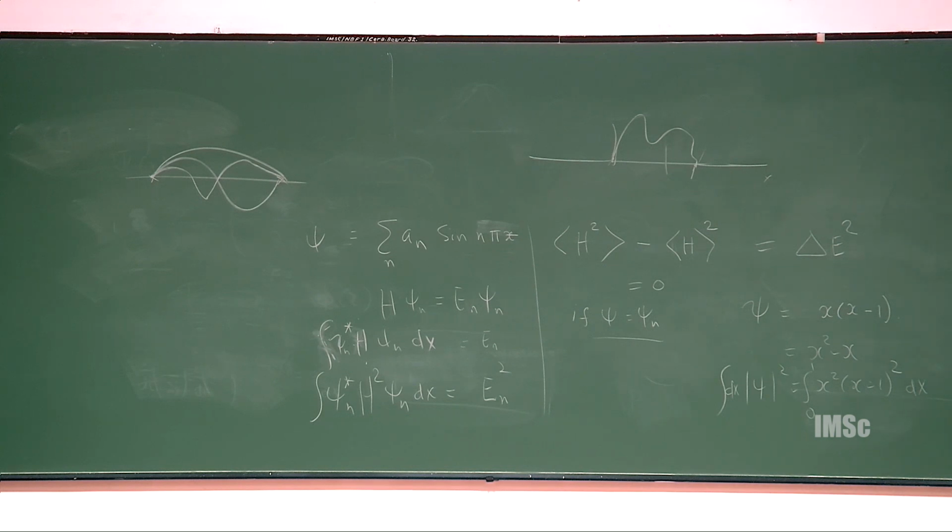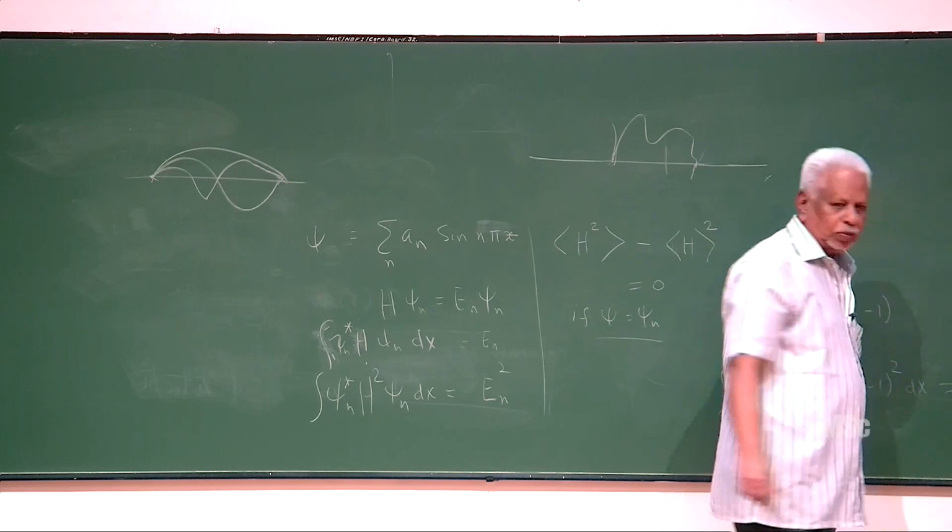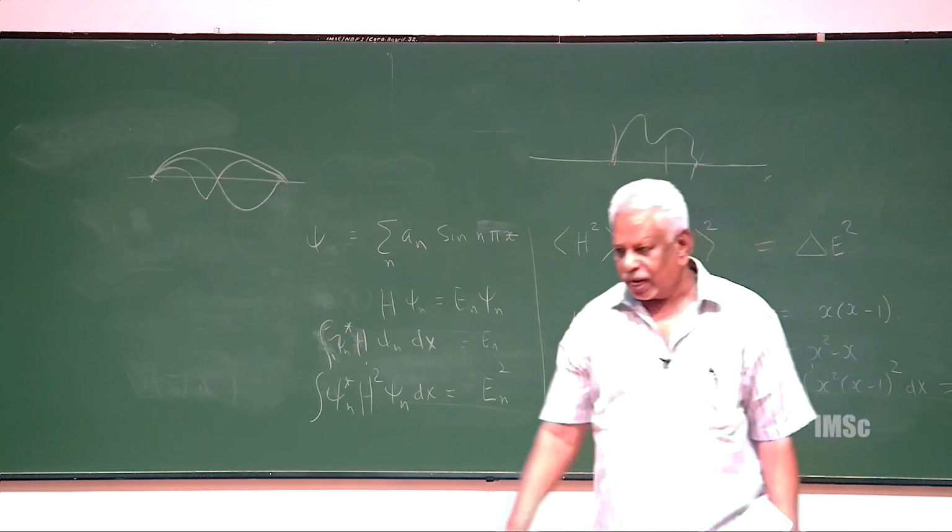You can expand x minus 1 whole square as x square minus 2x plus 1 and multiply the whole thing by x square. Any x power n integral is x power n plus 1 by n plus 1. You substitute the limits 0 and 1 and get the answer. So that's a simple first exercise. Find the factor. Let me call that number n.